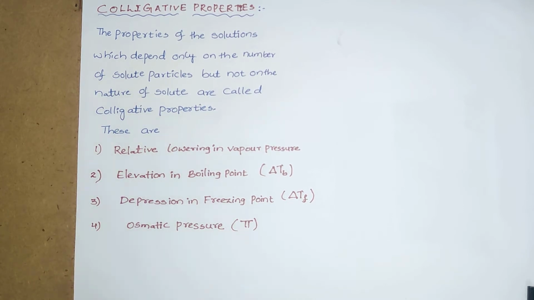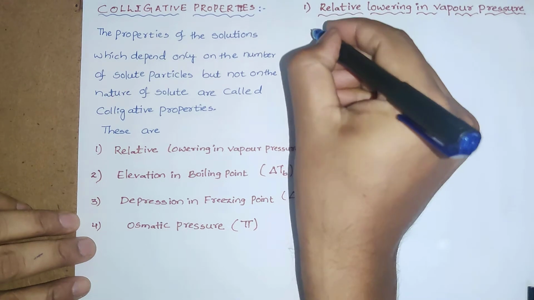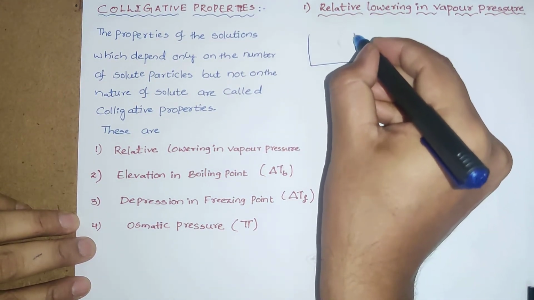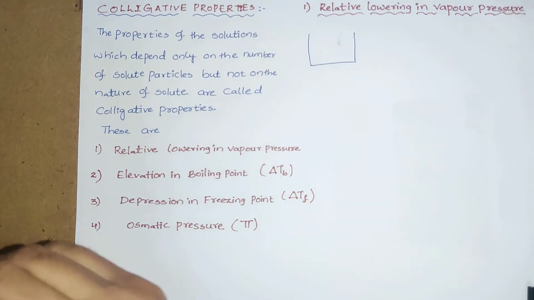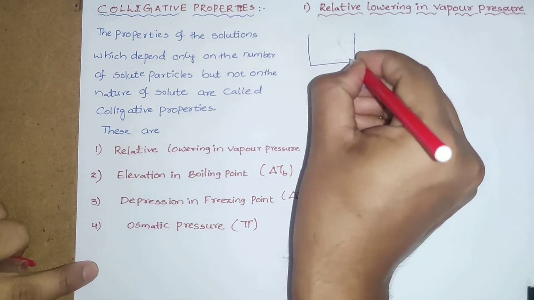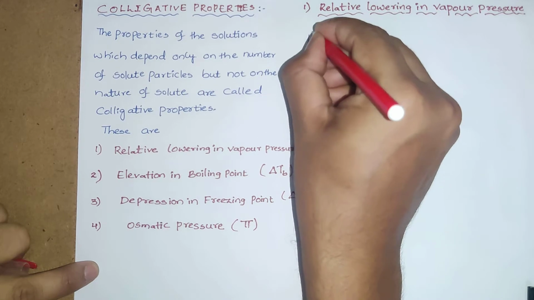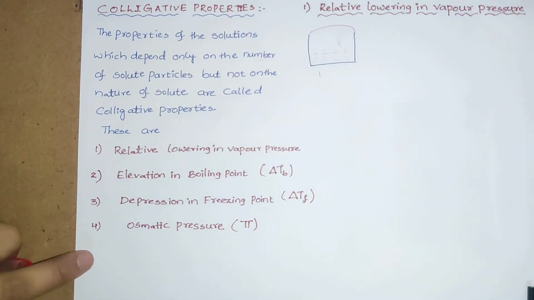First, let me move towards relative lowering of vapor pressure. This we have already discussed. Let us take a pure solvent in a closed container.